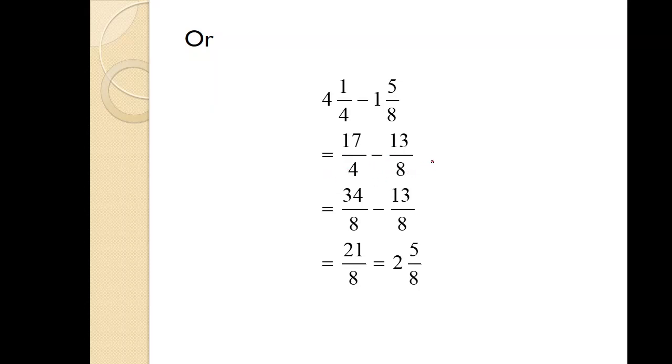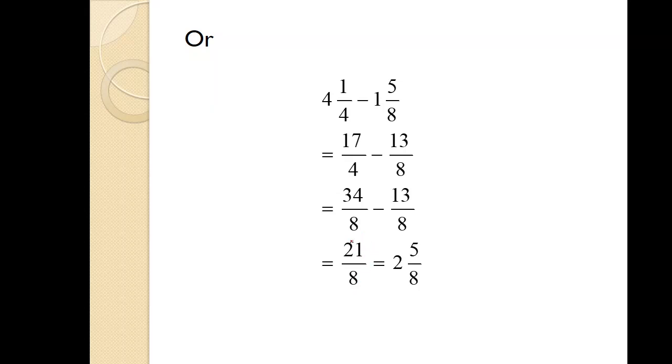Now you can see that our fractions don't have the same denominators. That's why you have to multiply the first fraction by 2 so that this 4 becomes 8. So now we get 34 over 8 minus 13 over 8. If you subtract, you are getting 21 over 8.